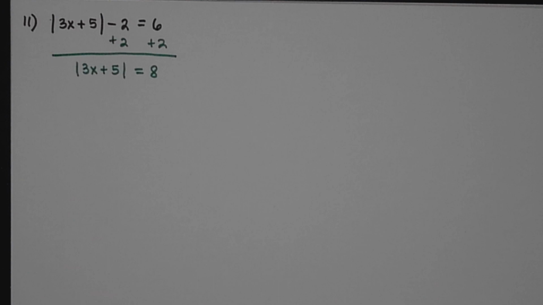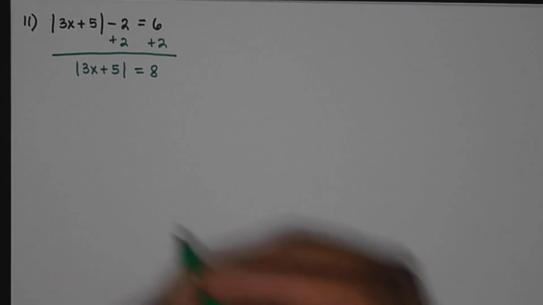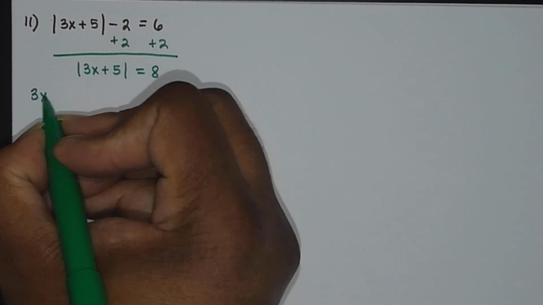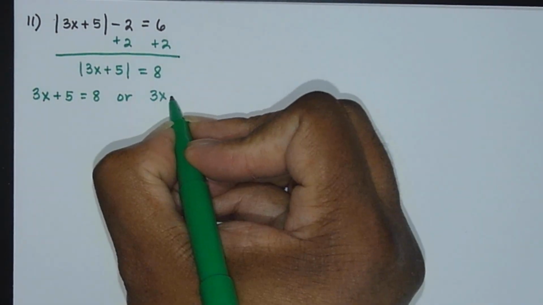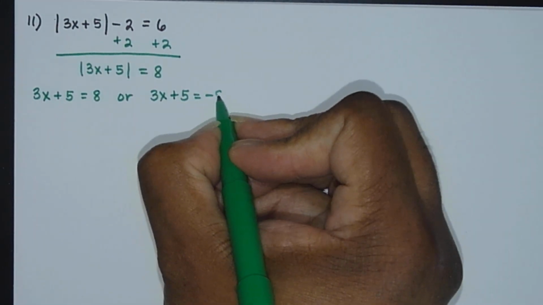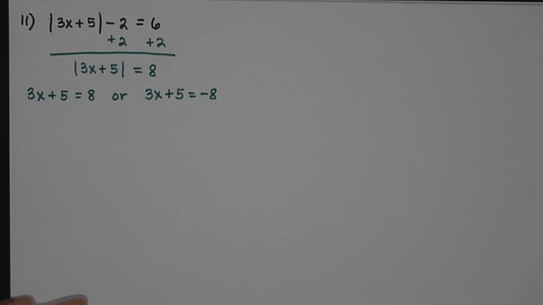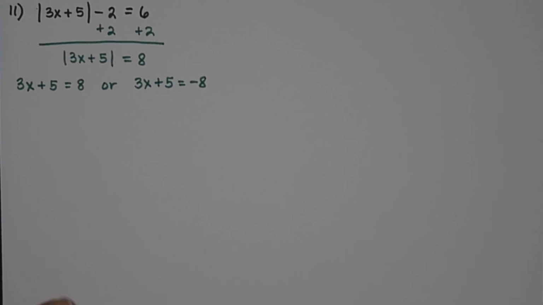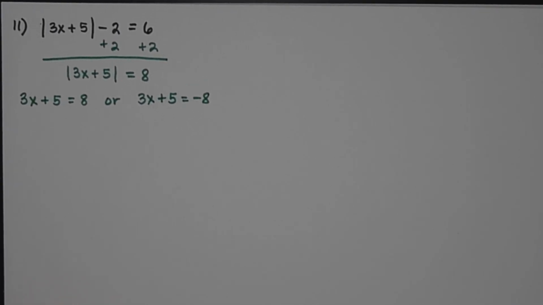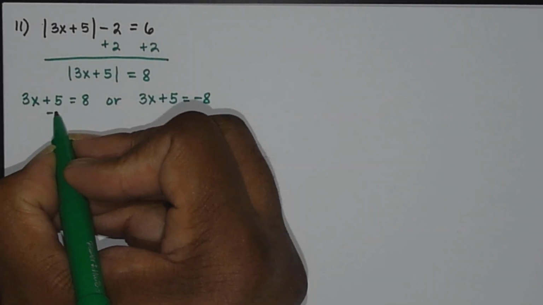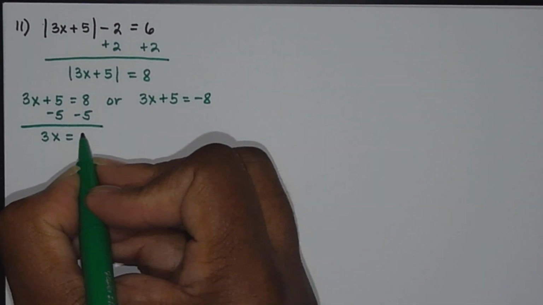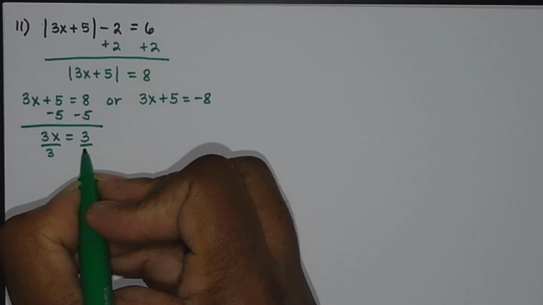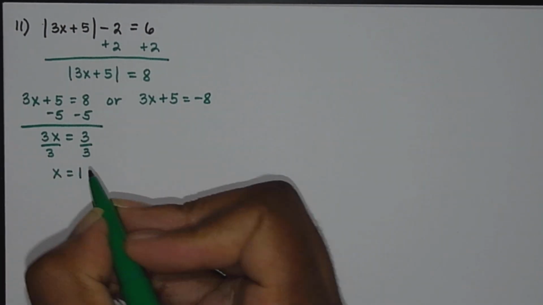All right, so next step here, I need to go ahead and write my two equations since I'm dealing with an absolute value equation. The first equation will be 3x plus 5 equals 8. Or the second equation, 3x plus 5 equals negative 8. And for each equation we'll solve for x. So for the 3x plus 5 is equal to 8, if I subtract 5, you'll get 3x is equal to 3. Divide both sides by 3, you'll get x is equal to 1.